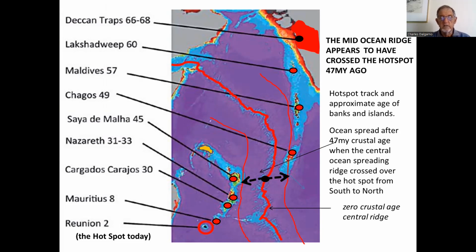The new crust of the West Indian Ocean formed and separated this line of extinct volcanoes, so that all the younger ones are actually on the opposing side. It's clear that about 47 million years ago, the plates must have crossed over the hotspot and transferred it from the northern section, the Indian Plate, to the Somali Plate.